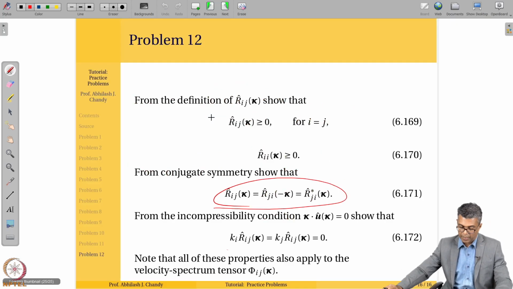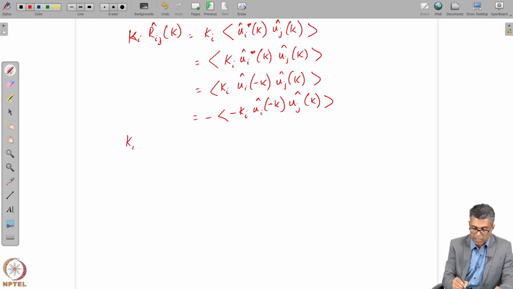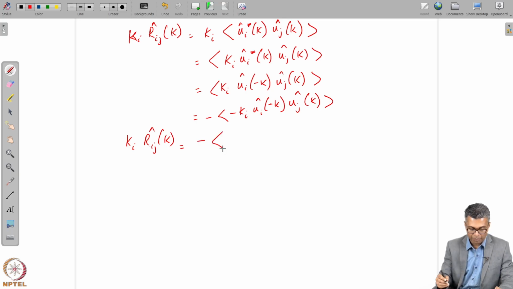Okay, look at what I'm trying to prove, right? And so then this becomes essentially ki rij hat of kappa, then there'll be a minus, of course, and within the angle bracket, I'm going to use a new variable. So I'm going to write it as ki prime ui hat of kappa prime.